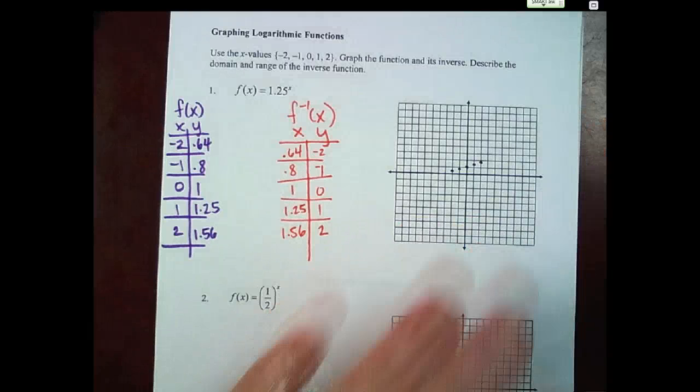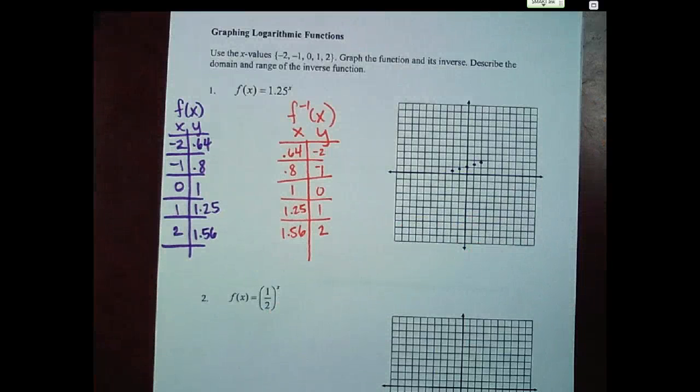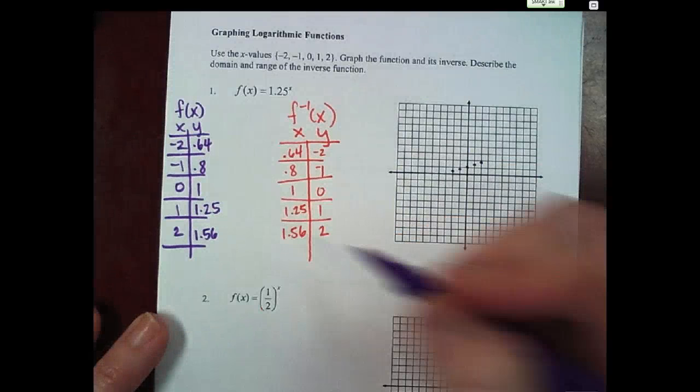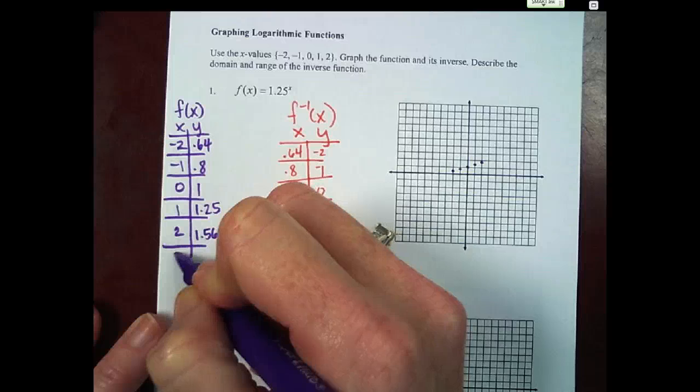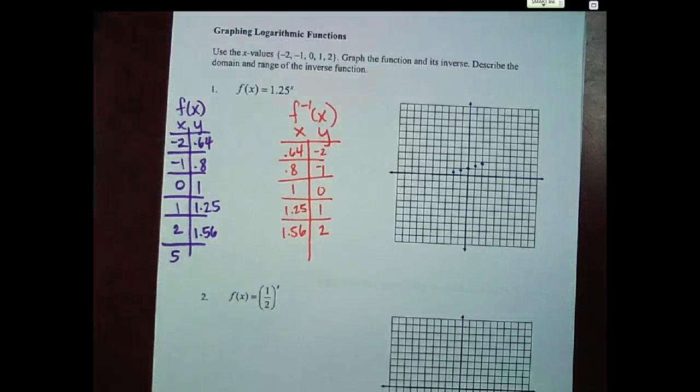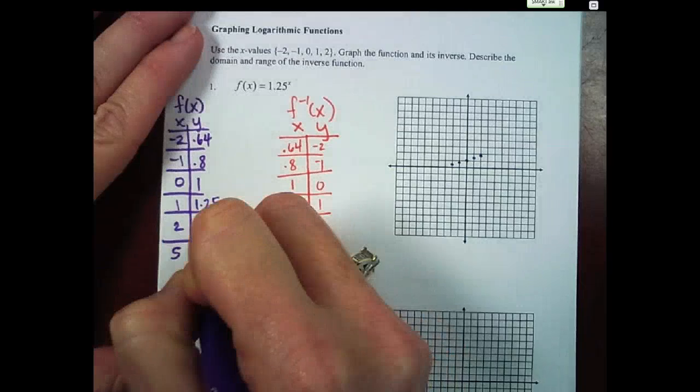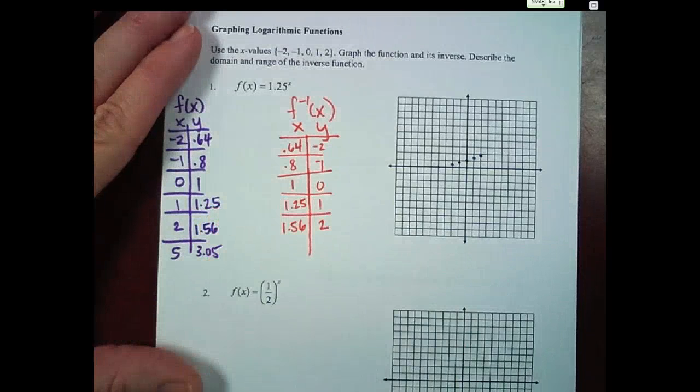It's really hard to tell what this graph does. To me, it looks like a straight line, doesn't it? Let's say I go all the way to 5. If I put 5 in, I get 3.05. That might help you make the graph look a little better.